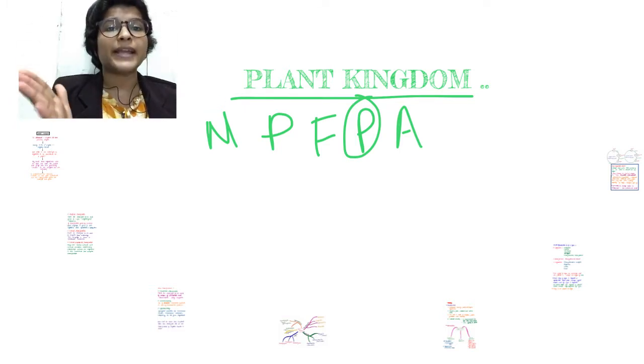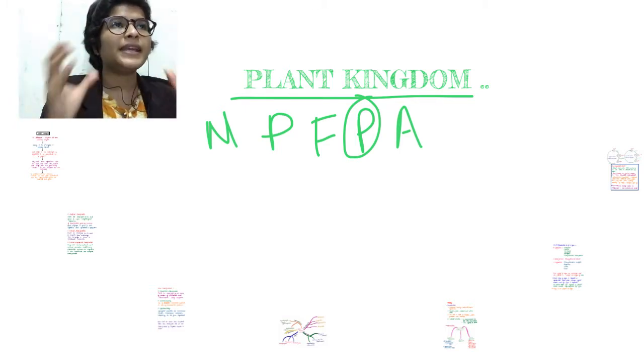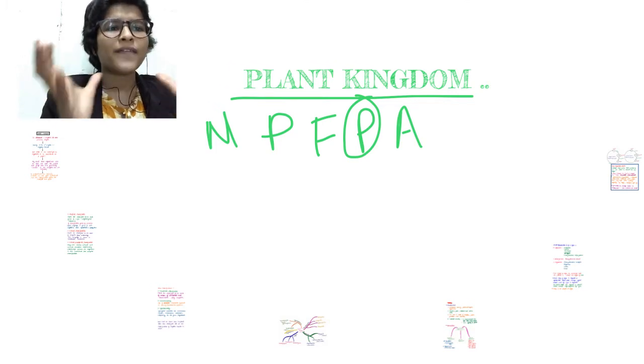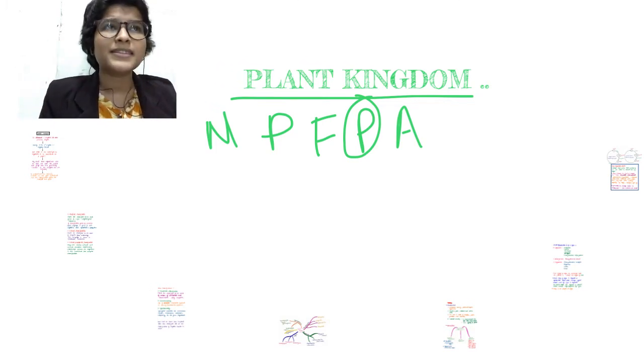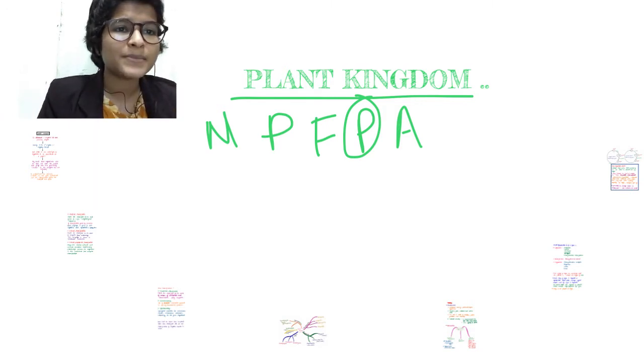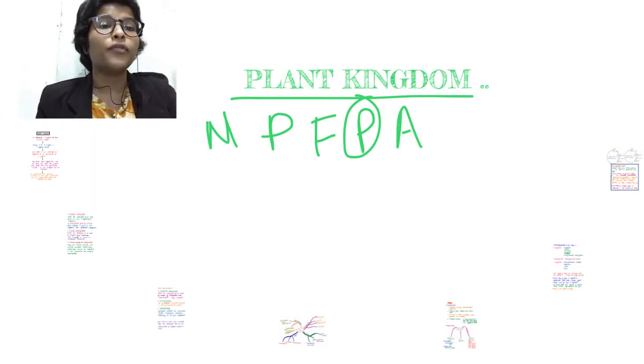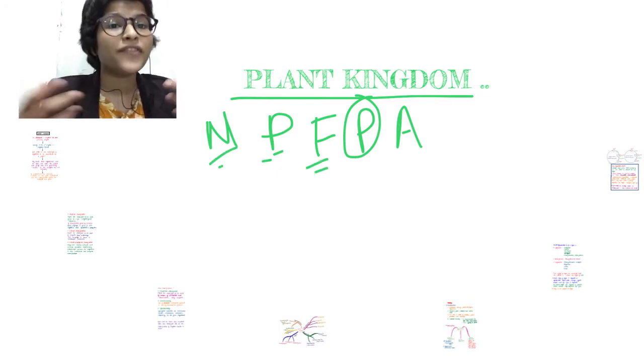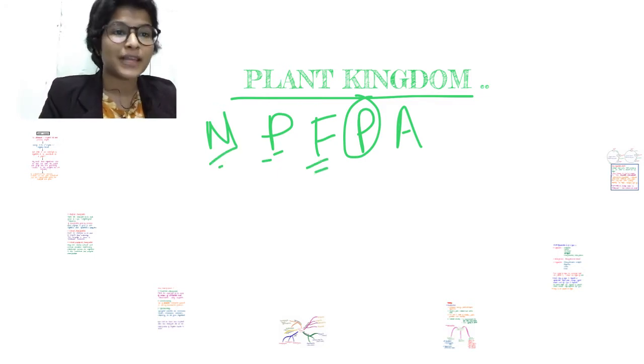Initially scientists thought that the criteria for any organism to be included in kingdom Plantae was that it should have a cell wall. But did this criteria work for all the organisms? Now we know that a lot of protists, monerans, or for that matter even fungi, have some kind of cell wall.